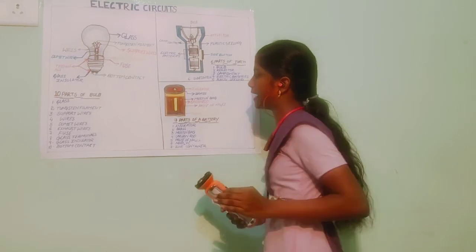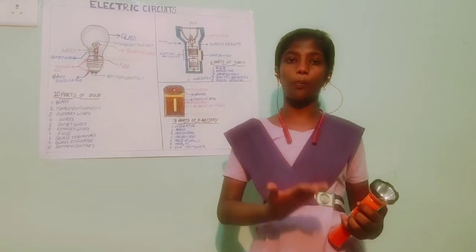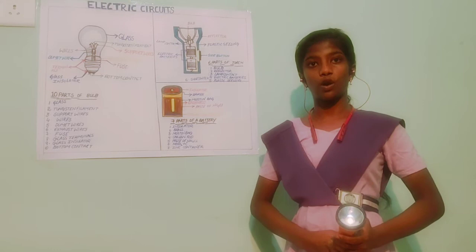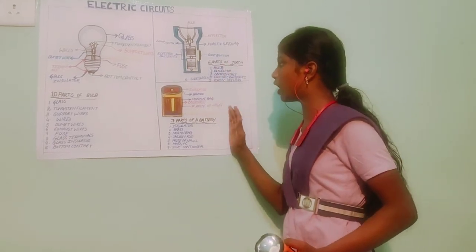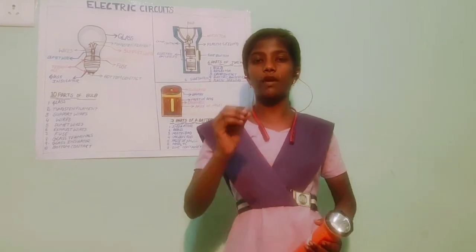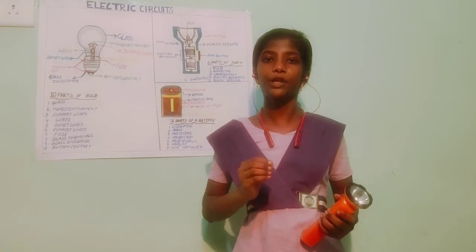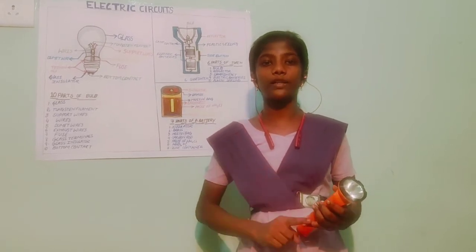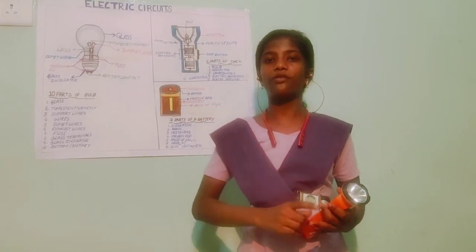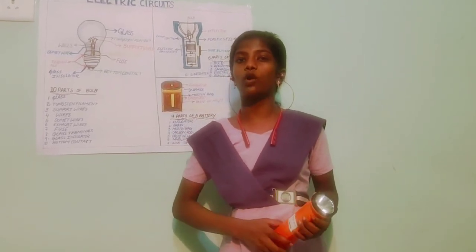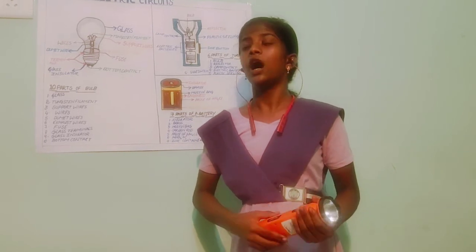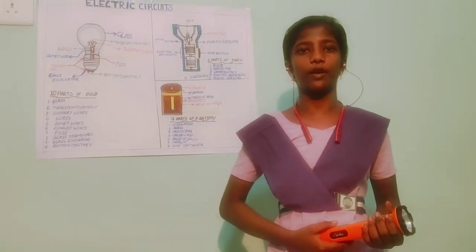And zinc container. This zinc container is the lower part of the battery. So when we have all these parts in the battery, we can use it similarly on a torchlight, on mini fans or on some other materials. I have explained about these and I hope you got my topic today.